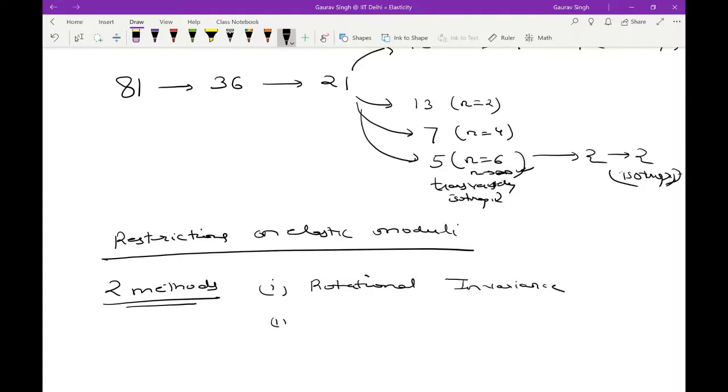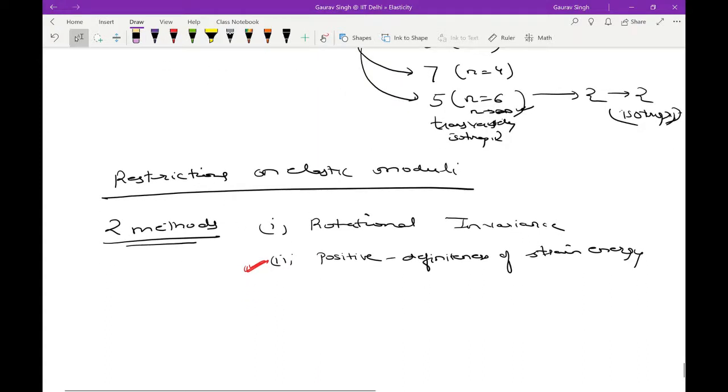And the other is the positive definiteness of the strain energy. Remember, for isotropic, we have already used this argument before. If you have a doubt, please pause the video and go back and check.